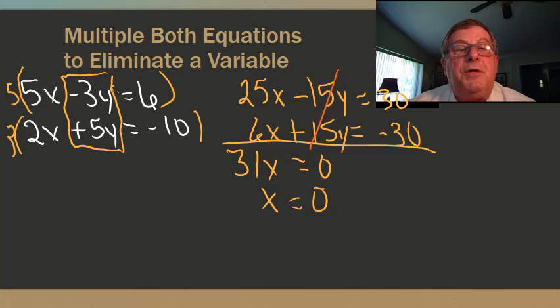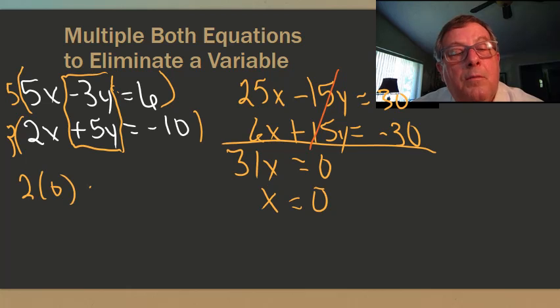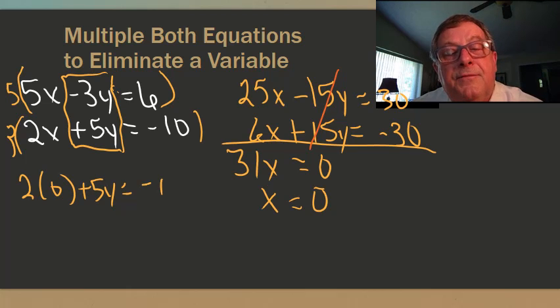Now I'm going to substitute in for x this value of 0 into one of these two equations. And let's do the second one. So on the second equation, now I've got 2 times 0 plus 5y equals negative 10.